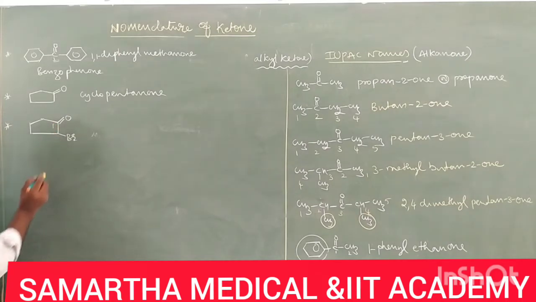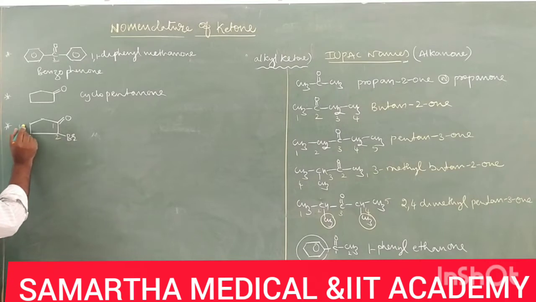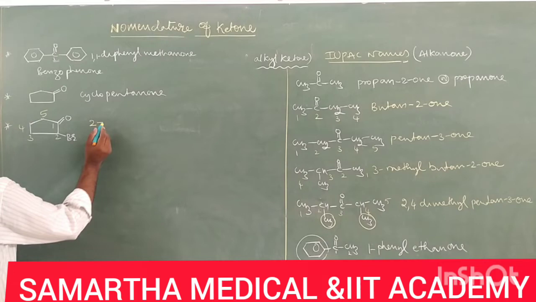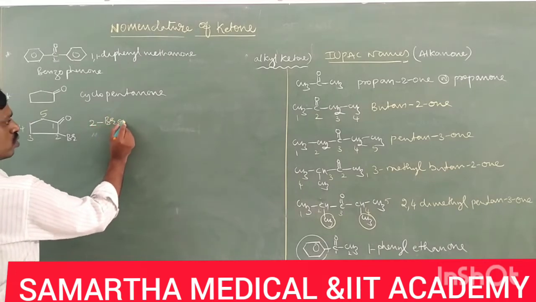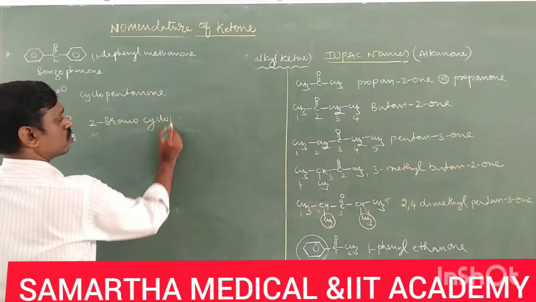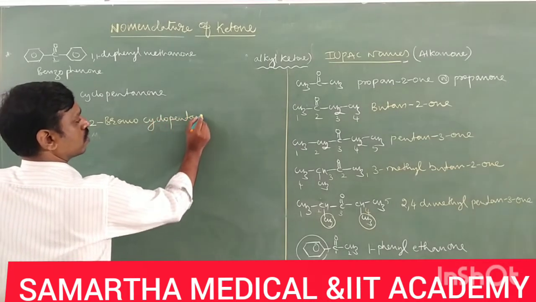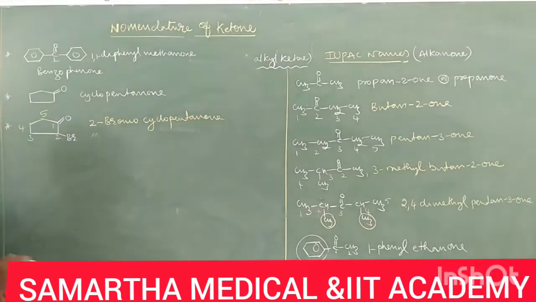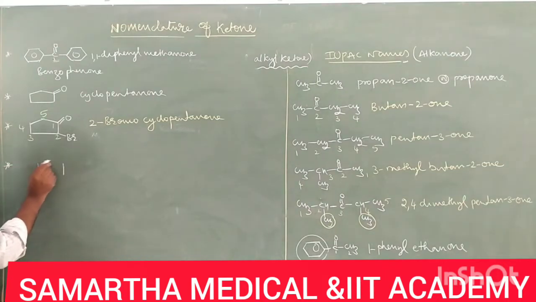Numbering must start from the keto group. Therefore it is 1 2 3 4 5. So its IUPAC name is 2-bromo cyclopentanone.